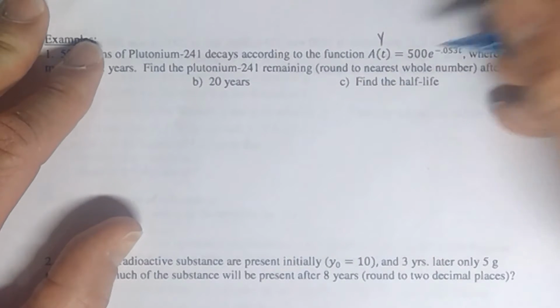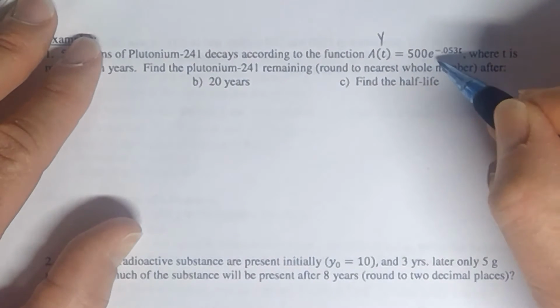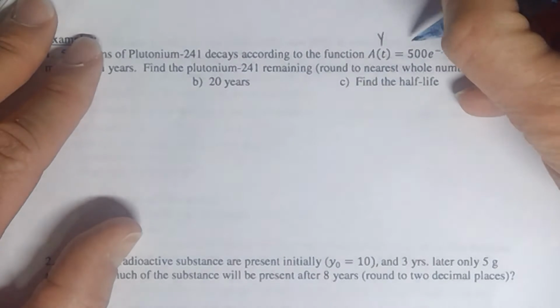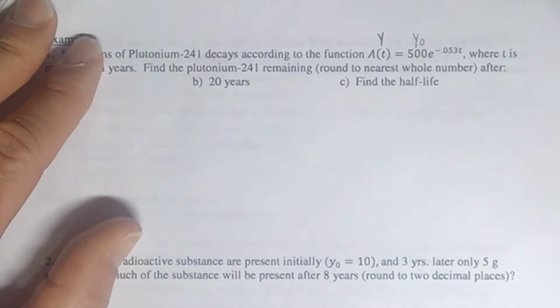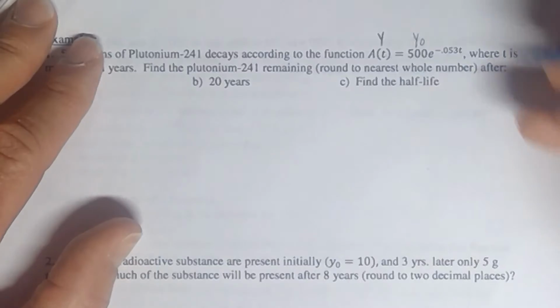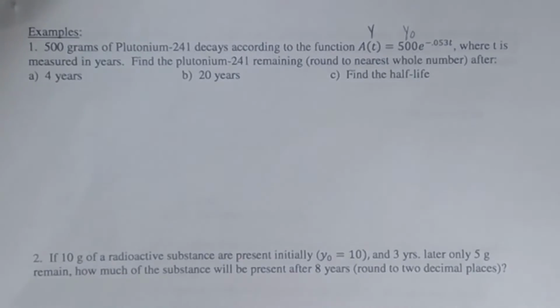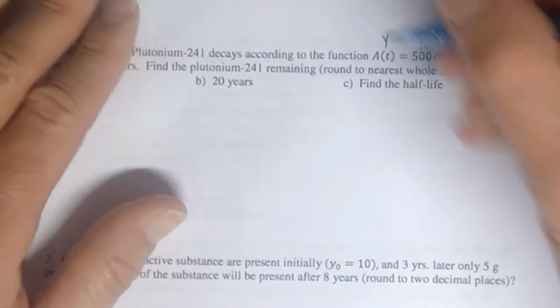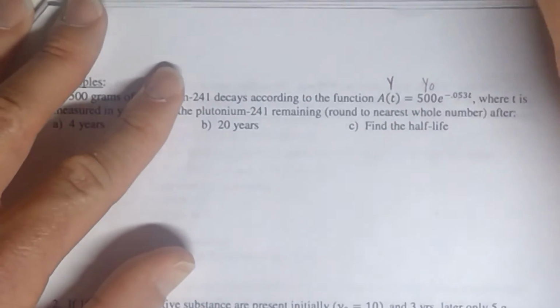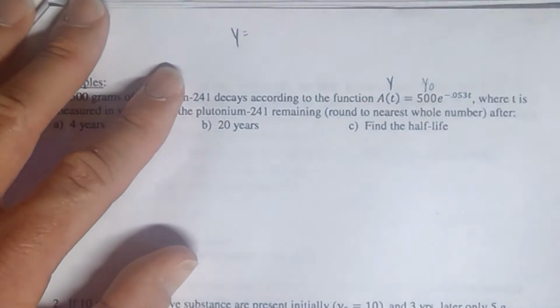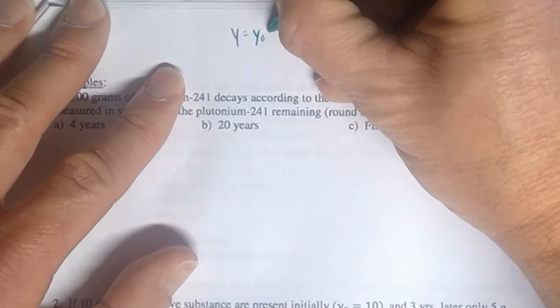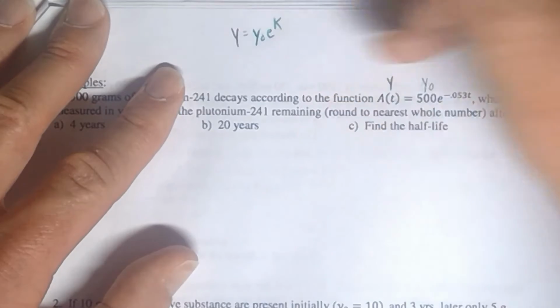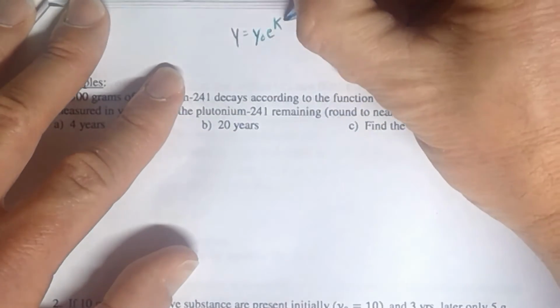And then this 500, because it's a constant number in front of the e right there, that is your y naught. That's what the formula says. In fact, I'll write it down up here at the top so I don't have to keep flipping the page over. y is equal to, again, the green pen here, not that you have to use a green pen, but just highlighting the constant numbers, y naught e^(kt).